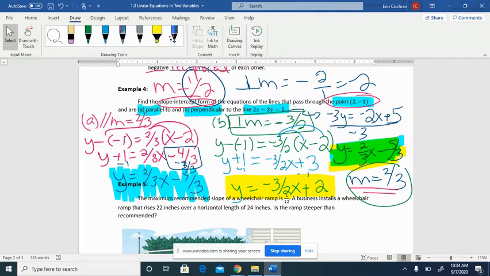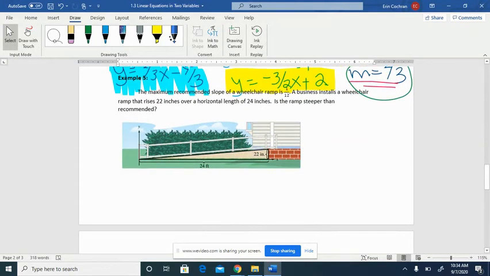All right, example 5. The maximum recommended slope of a wheelchair ramp is 1/12. A business installs a wheelchair ramp that rises 22 inches over a horizontal length of 24, that should say feet, sorry, 24 feet. Is the ramp steeper than what is recommended?